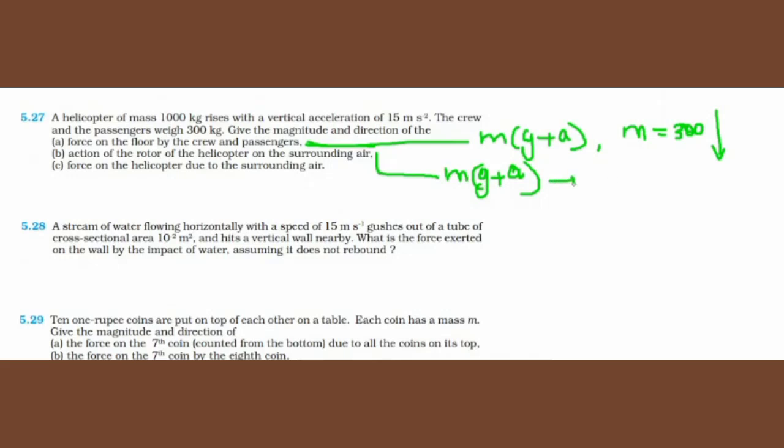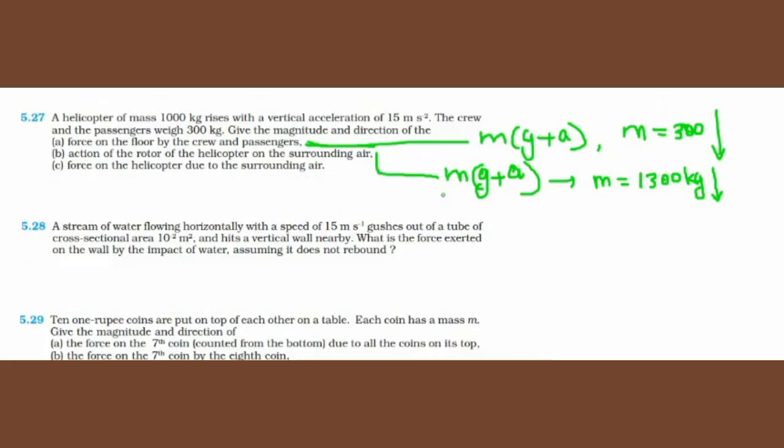But this time, m you have to take 1300 kilogram, and the rotor, the fan of the helicopter, will apply force over the air downward. Then force on the helicopter due to surrounding air.